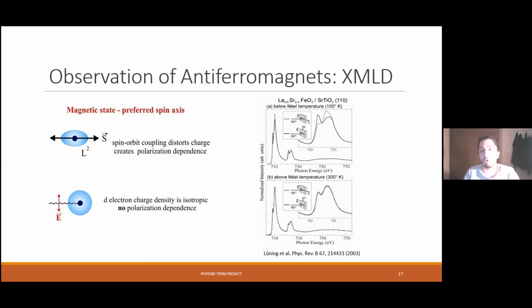As I mentioned before, X-rays are scattered by the electron density, but electron density is isotropic, so you cannot understand the direction or axis of a system by its scattering.